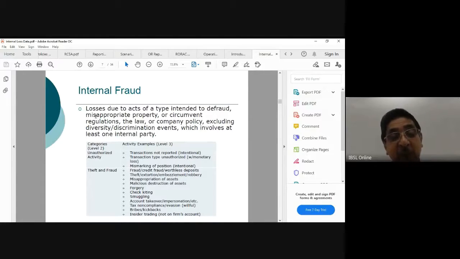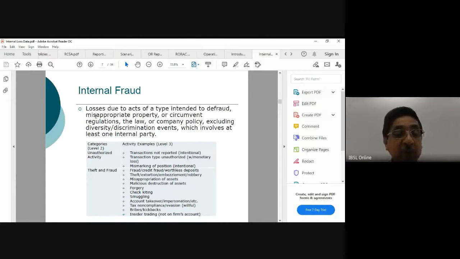That is what we mean by transactions not reported. Then transaction type unauthorized: if you have done an unauthorized transaction, that is another fraud, also coming under unauthorized activity. Then mismarking of position, which means you have recorded the position in a wrong way. It is intentional, so that is also coming under internal fraud, and level 2 is unauthorized activity.